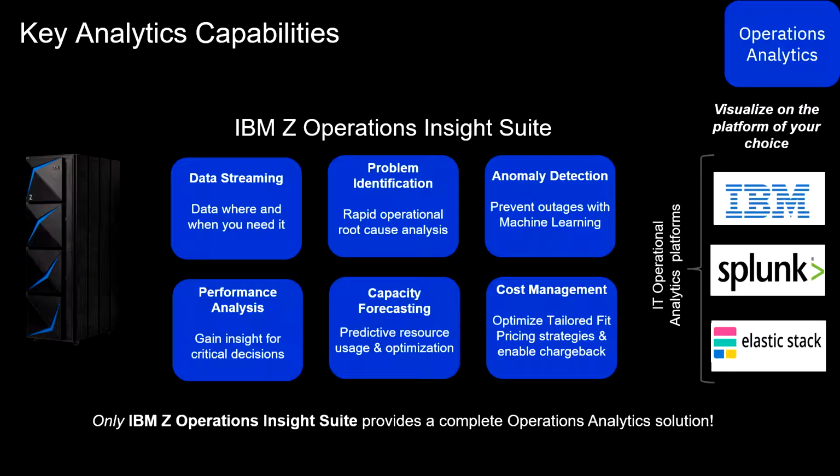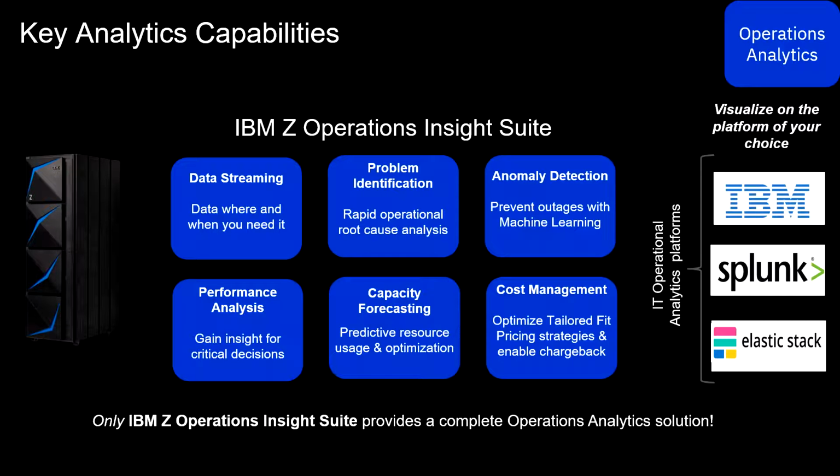In addition to that, IZOA's anomaly detection delivers a predictive capability highlighting potential problems prior to service interruptions. Two types of anomaly detection are provided: metric-based machine learning using SMF data as the source of analysis, and message-based machine learning using IBM Z-Aware to ingest and analyze Opera log messages.